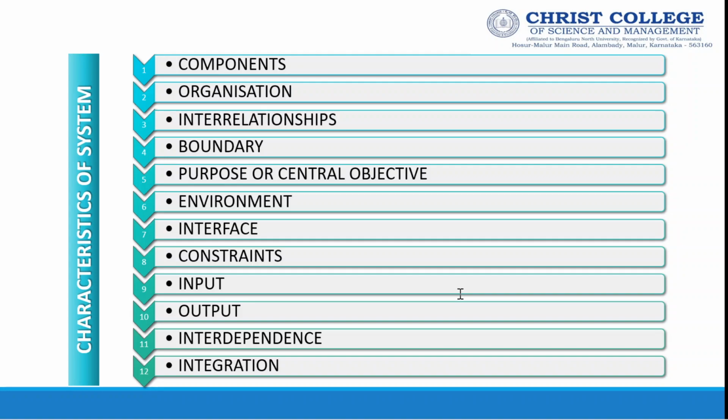Next one, interrelationship. It is the manner in which components function with other components of the system. For example, in case of a computer system, the CPU must interact with the input output devices, and the memory should hold the data and the program, and the arithmetic logic unit will be performing the computation.